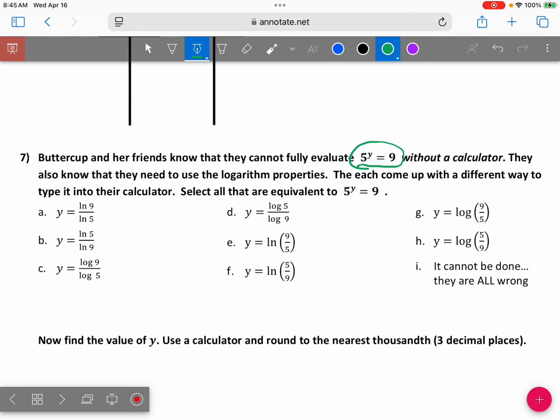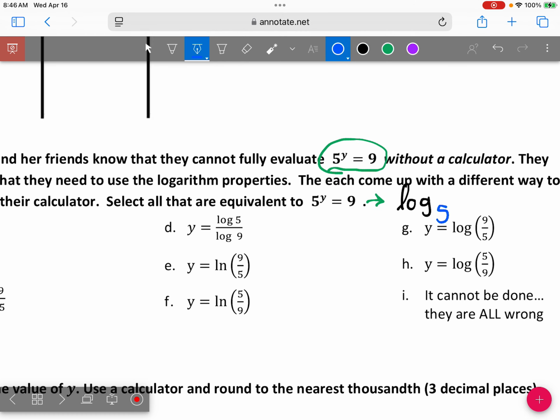First thing we need to do is switch this into log form, because we have a power as an exponent here. So what is our log form for this guy? Log base what? 5, with the argument 9, equals the y.